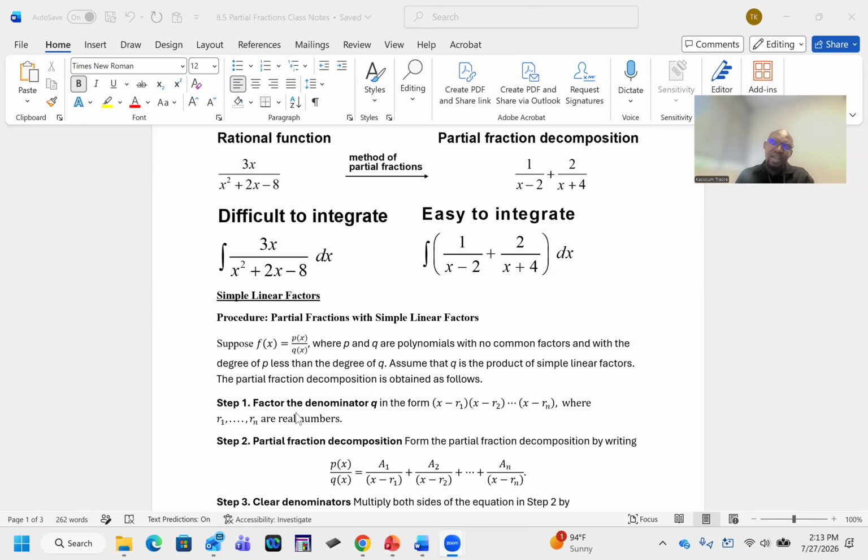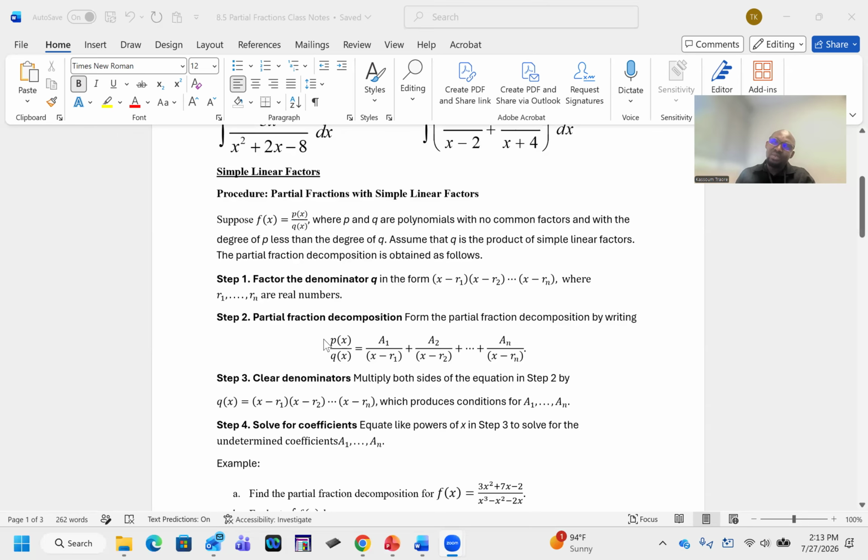Step 1, factor the denominator q in the form of x minus r1 times x minus r2 and so on, where r1 to rn are real numbers. So those r1 to rn are what? The zeros of q. You break down q into linear factors.